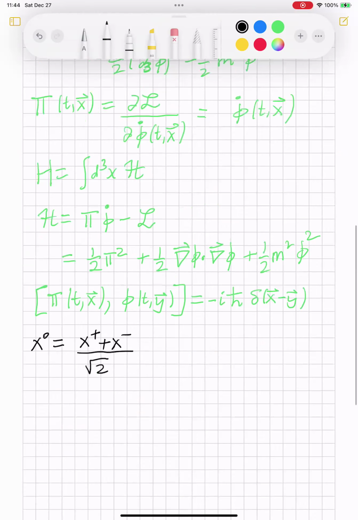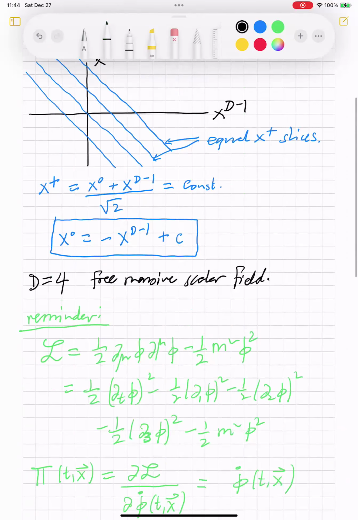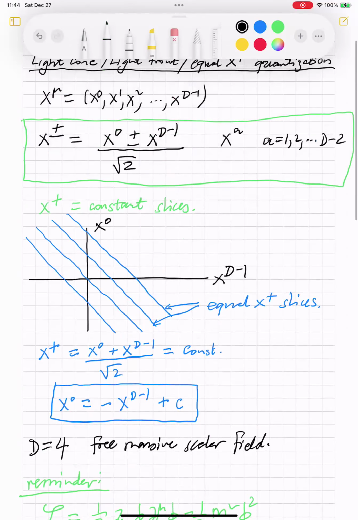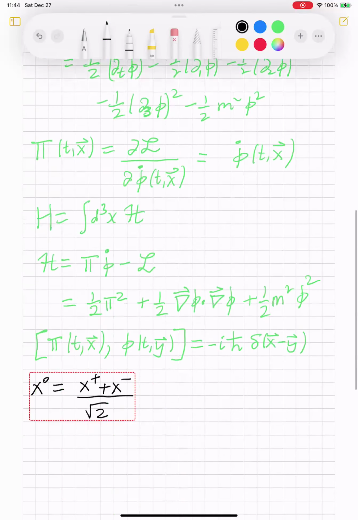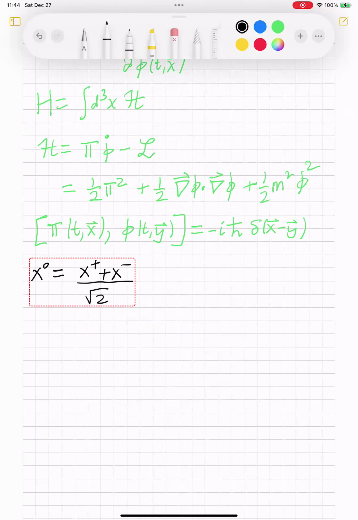You can see that's the case from our definition of x plus minus given over here. If we add x plus to x minus, we just get x naught times square root 2. If we take x plus minus x minus, we get x3 over square root 2, because we've set d equal to 4. So x3 is equal to x plus minus x minus over the square root of 2.